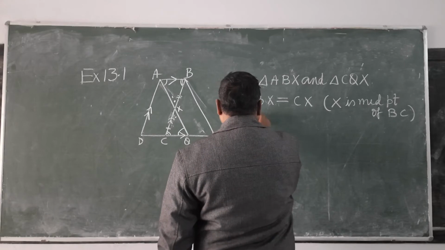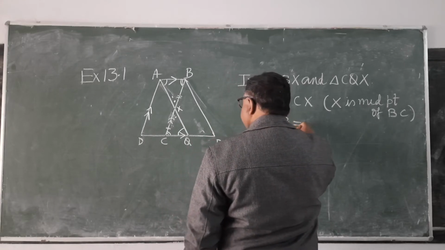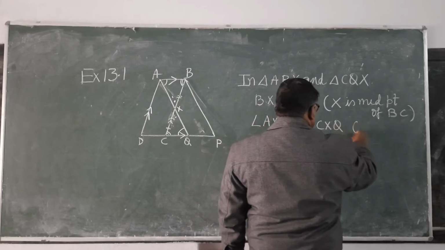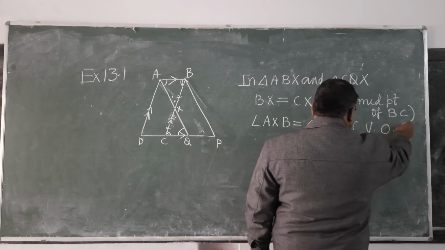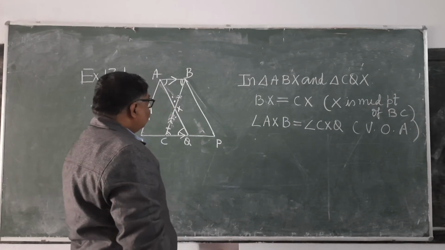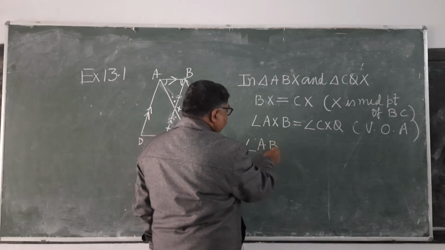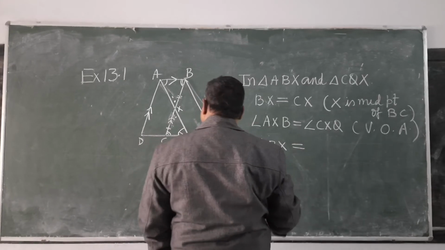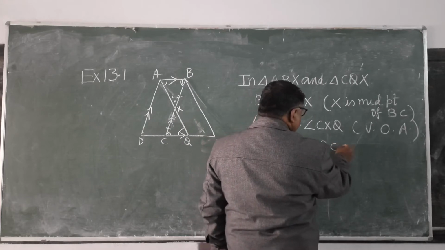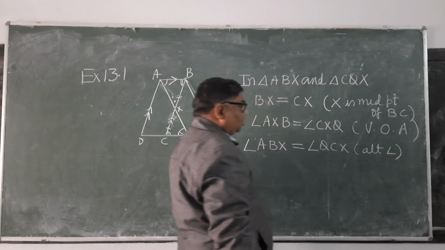Then angle AXB equals angle CXQ. This is vertical opposite angle, VOA. It's clear? Then angle ABX equals angle QCX. Alternate angle. It is clear?